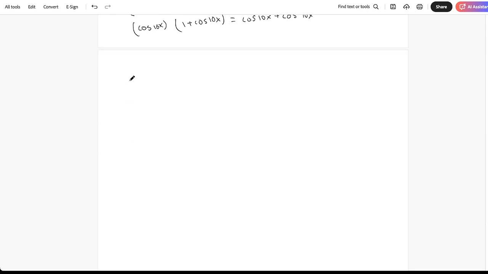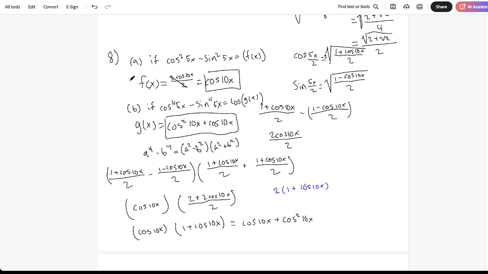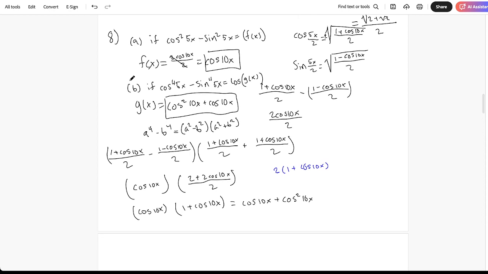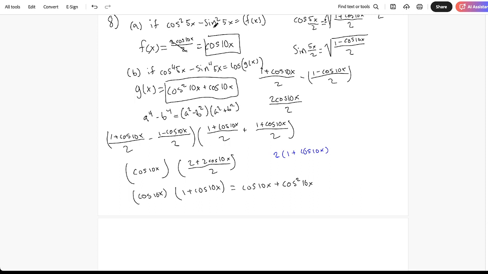Okay. Well, that's really annoying. Okay, so it's cosine squared of 5x minus sine squared of 5x. So that technically equals cosine of 2 times 5x, which is just cosine of 10x, obviously.